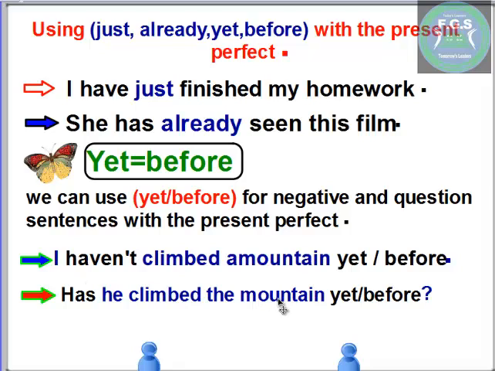Has he climbed the mountain yet? Has he climbed the mountain before? So, yet and before, they come at the end of the sentence or the question. Okay, we use them in the negative or in a question. Okay, the next.